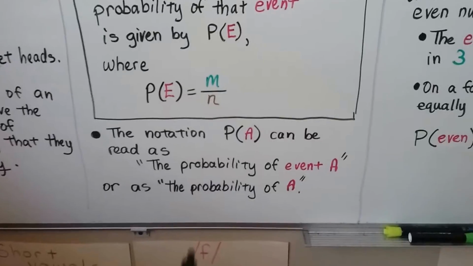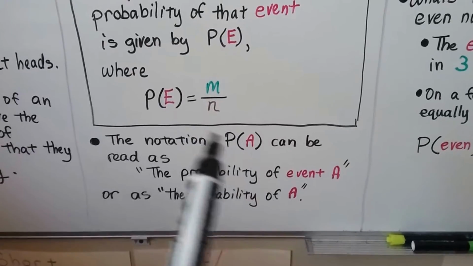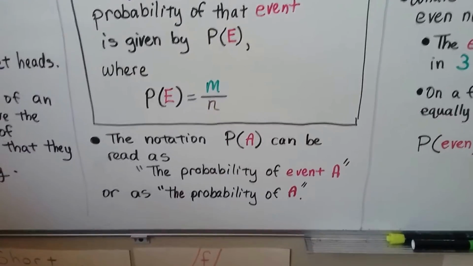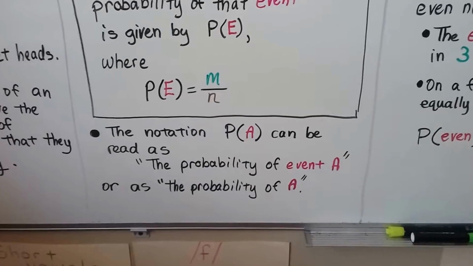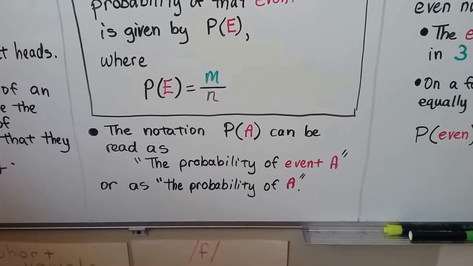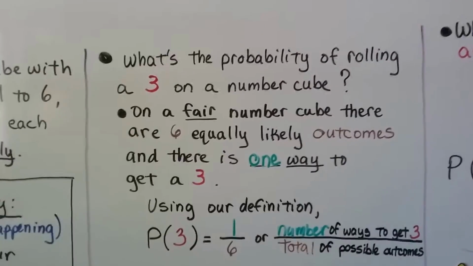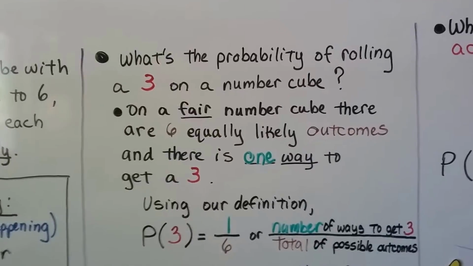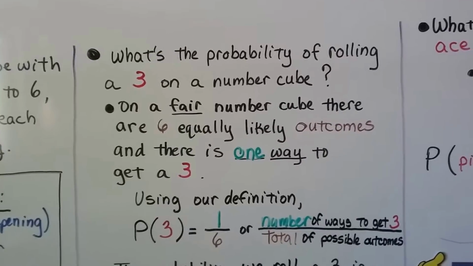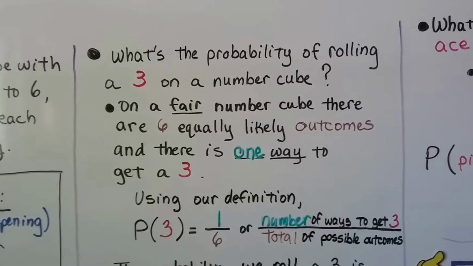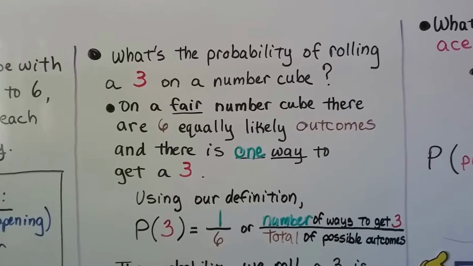So, this notation, the P with the A in the parentheses or the E in the parentheses, can be read as the probability of event A or as a probability of A, okay? So remember that when you see the P and then the parentheses. So what's the probability of rolling a 3 on a number cube? On a fair number cube, there are 6 equally likely outcomes. It's got 6 sides, 1 through 6, right?